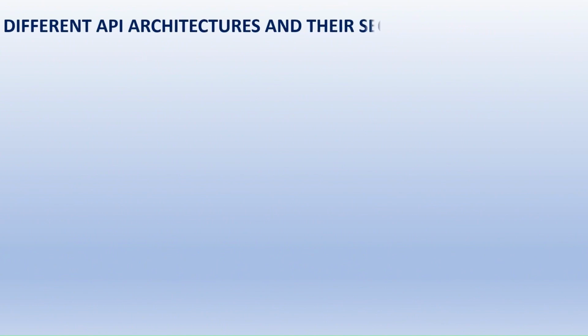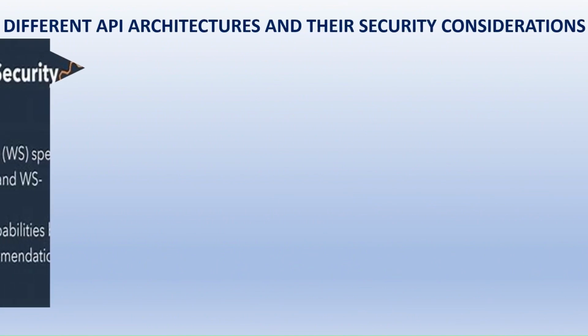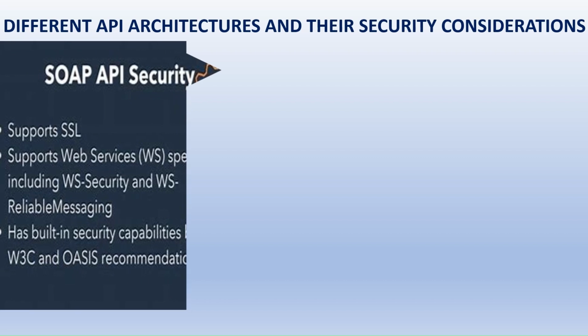SOAP API security. SOAP stands for Simple Object Access Protocol, which is a commonly used API architecture with built-in security features. SOAP APIs use extra security measures including HTTPS, XML digital signatures, and encryption to maintain data integrity and privacy.